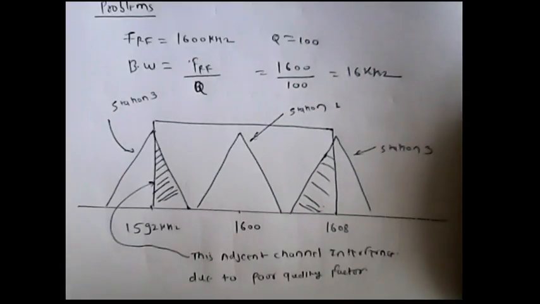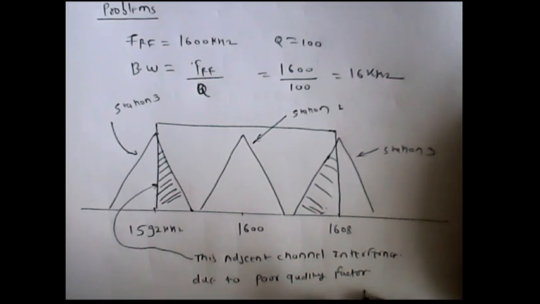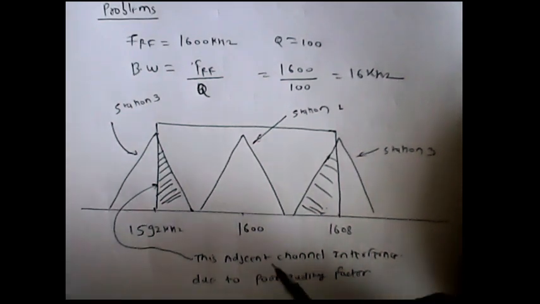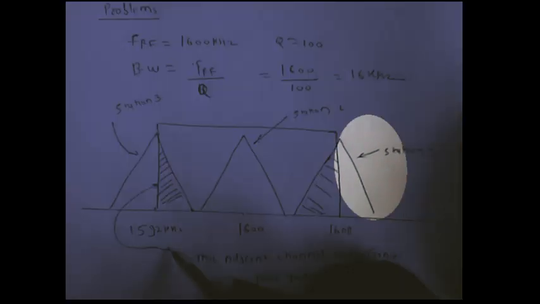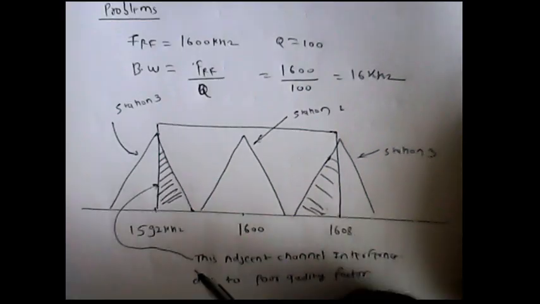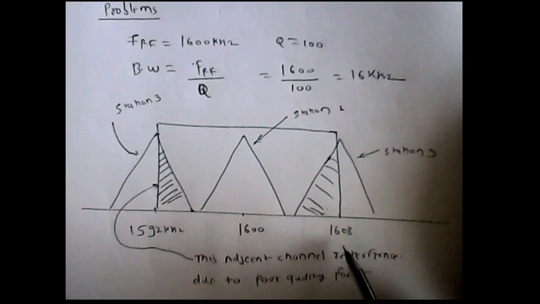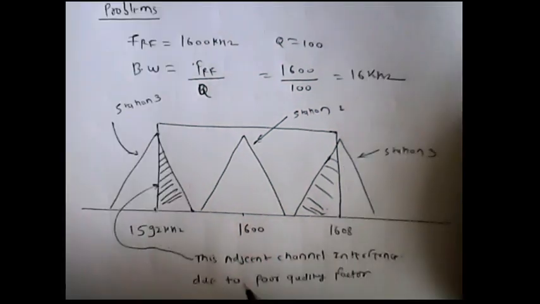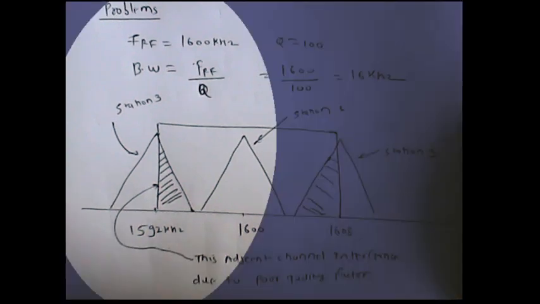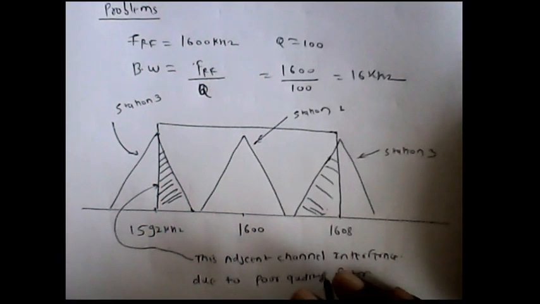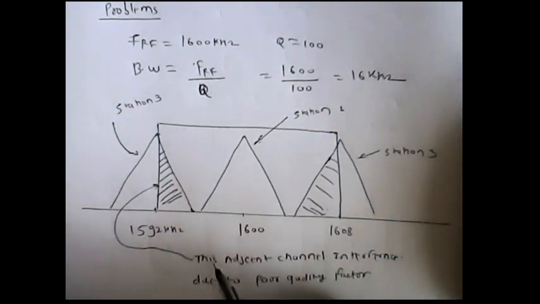Whenever we draw the frequency response, at the center frequency we have the radio frequency, with the upper sideband at 1608 kHz and the lower sideband at 1592 kHz.